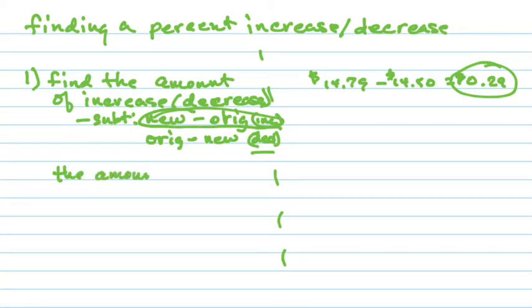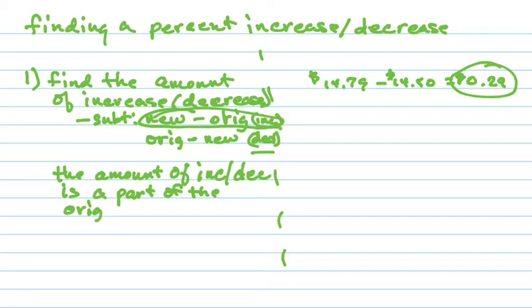Okay? Now think about this. The amount of increase or decrease is a part of the original amount. It was based on that original amount. And the reason I'm using that terminology is if you think of it like that, you now have a part and a whole. So it stays with the same language for finding any other percent. Okay?